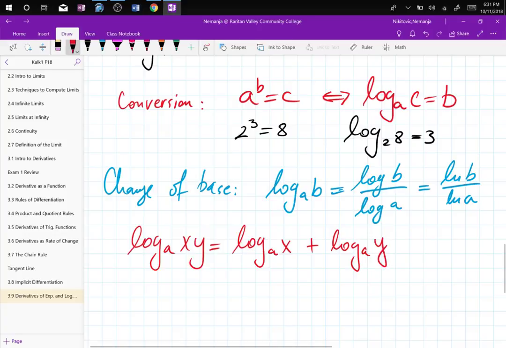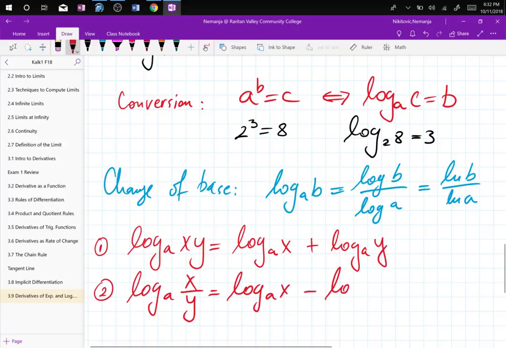So if you have two values multiplied inside the log, you get to split them, but you split with the addition. That's number 1. Number 2 is the one with the subtraction. So log base A of x over y is log base A of x minus log base A of y.